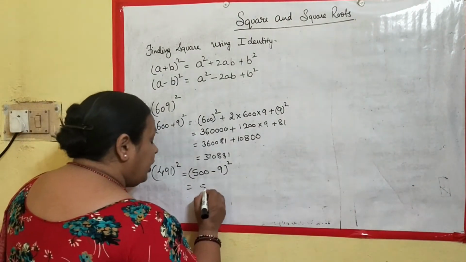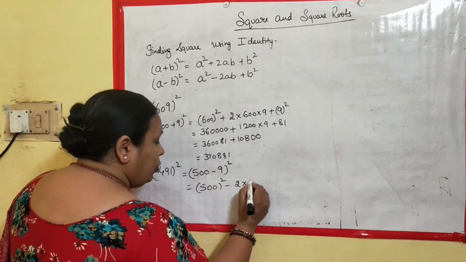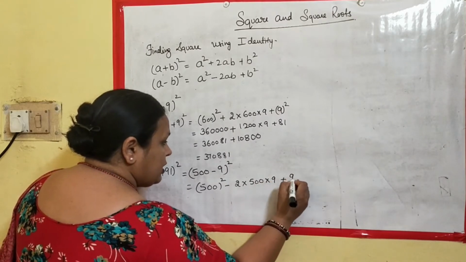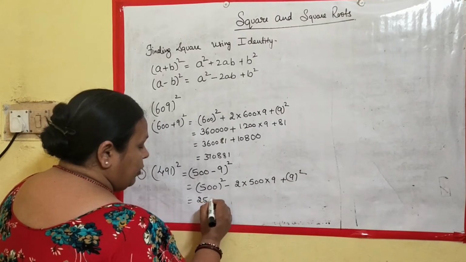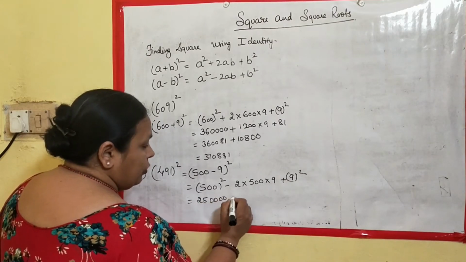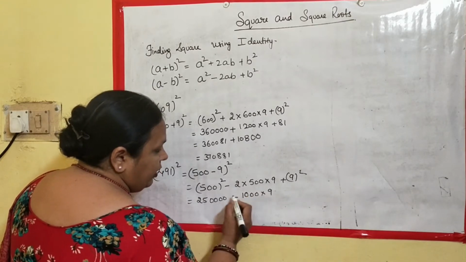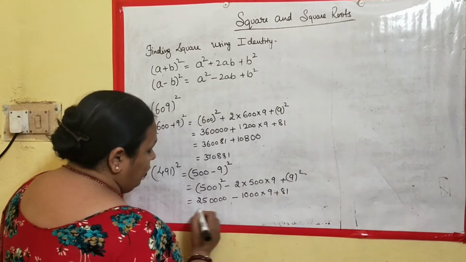Here we will be writing it as 500 square minus 2 into 500 into 9 plus 9 square. Again this is 5 5s are 25, with 4 zeros, minus this is 1000 into 9, plus 81.